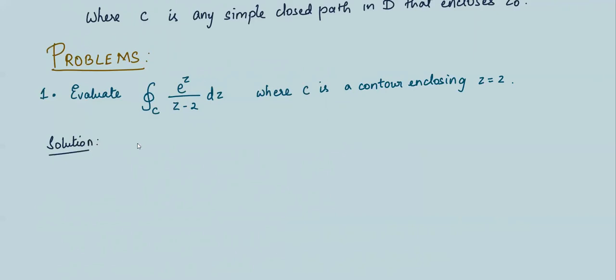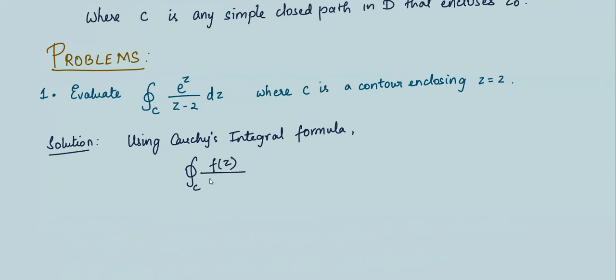So I'll write the Cauchy's integral formula once here, but for each problem I'll not repeat. So using Cauchy's integral formula, what is it? Integral on a closed contour of f of z by z minus z naught dz will be 2 pi I times f of z naught.